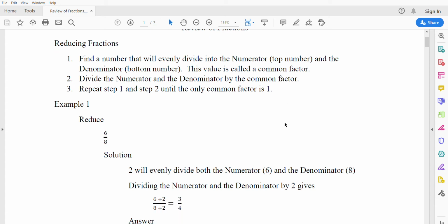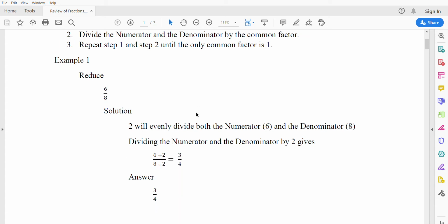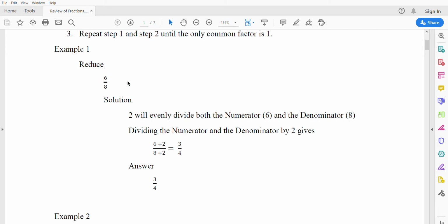So example number 1, we want to reduce 6 over 8. So the solution, we want to find a number that will divide evenly into 6 and 8. Well, 2 will divide evenly into the numerator, the 6, and the denominator, the 8.